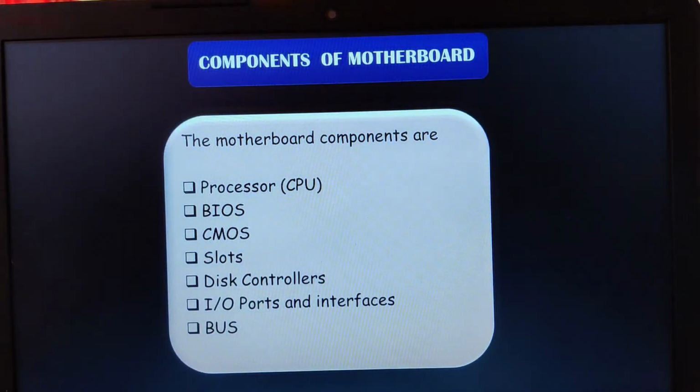Yes, these are the different components of motherboards. Among these you can explain any 6 from the exam point of view, in brief. It is a 5 marks question. Any 6.